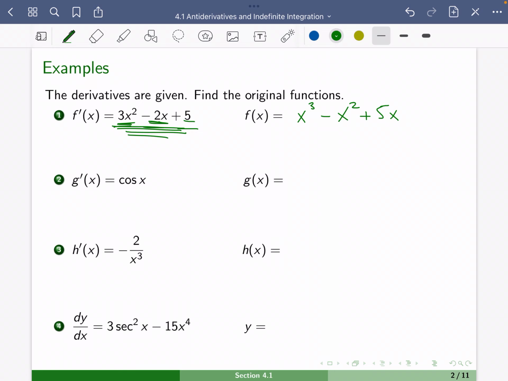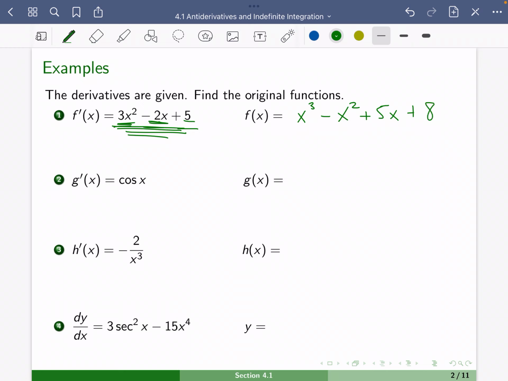What would happen, though, if I just added 2 to this thing? What's the derivative of this new thing? Well, the derivative of 2 is just 0, and all of that is still over there. So this has this as a derivative. What if instead of 2, I had 8?